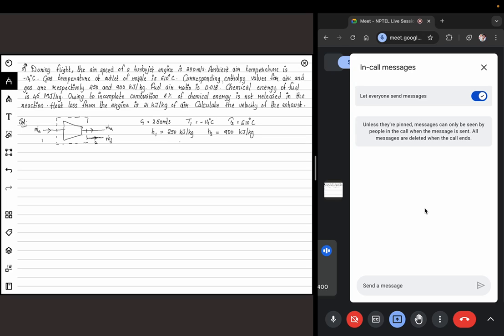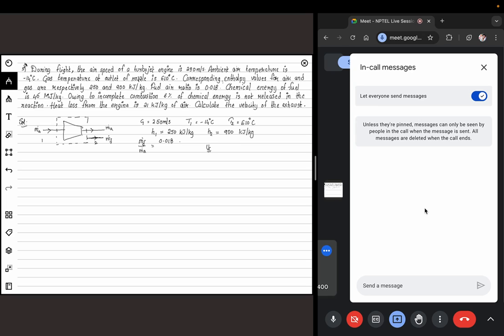We'll assume that this enthalpy is with respect to unit mass of the air that is leaving, and then we have the fuel ratio m dot f by m dot a to be 0.018, and chemical energy of the fuel is so and so.